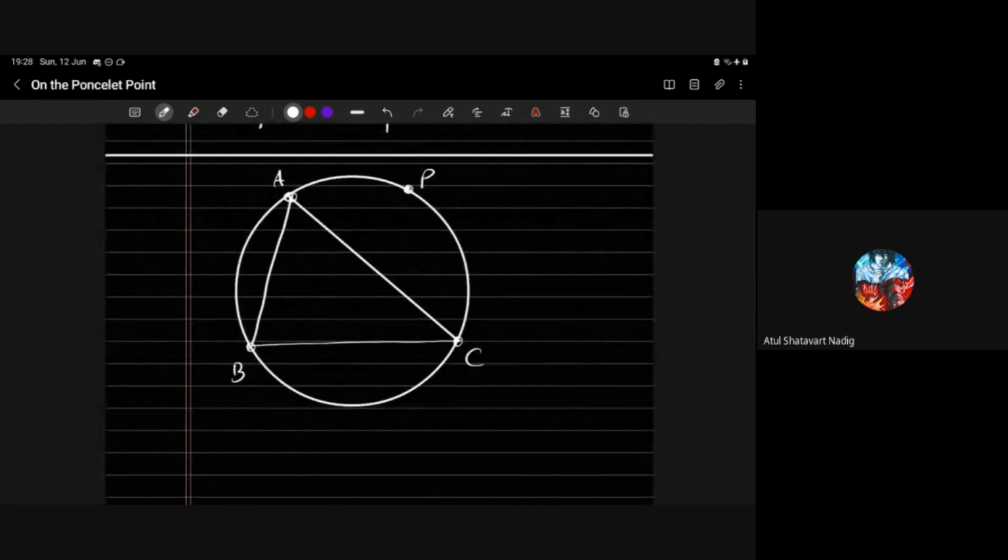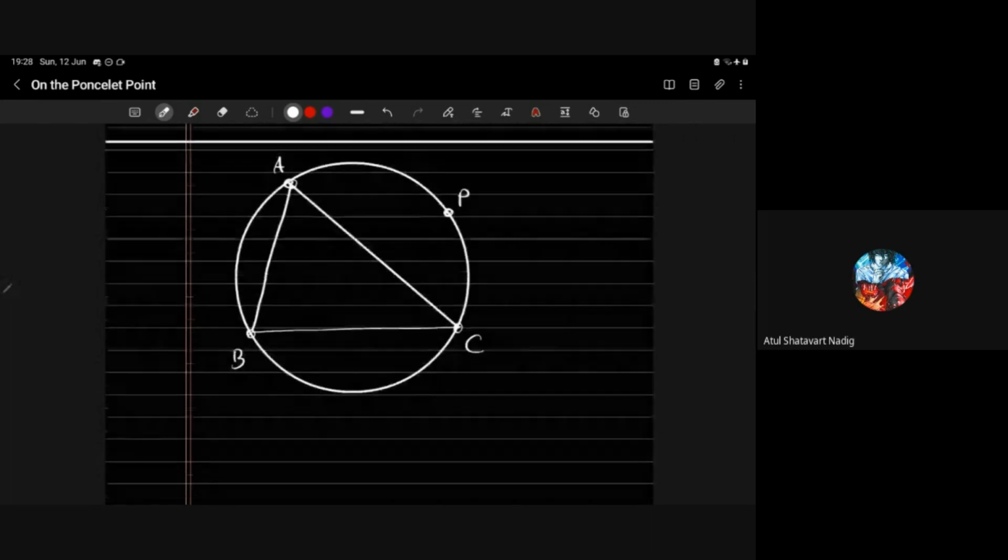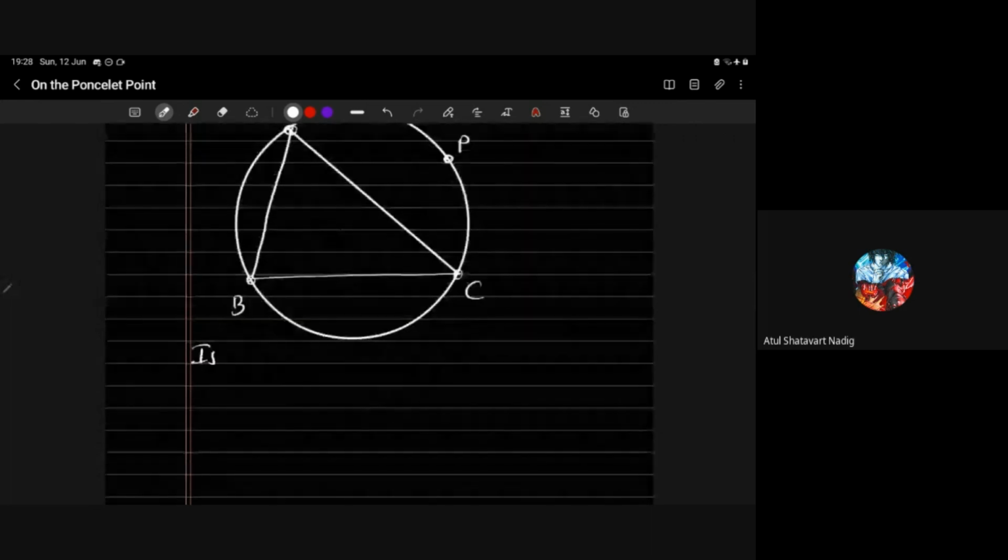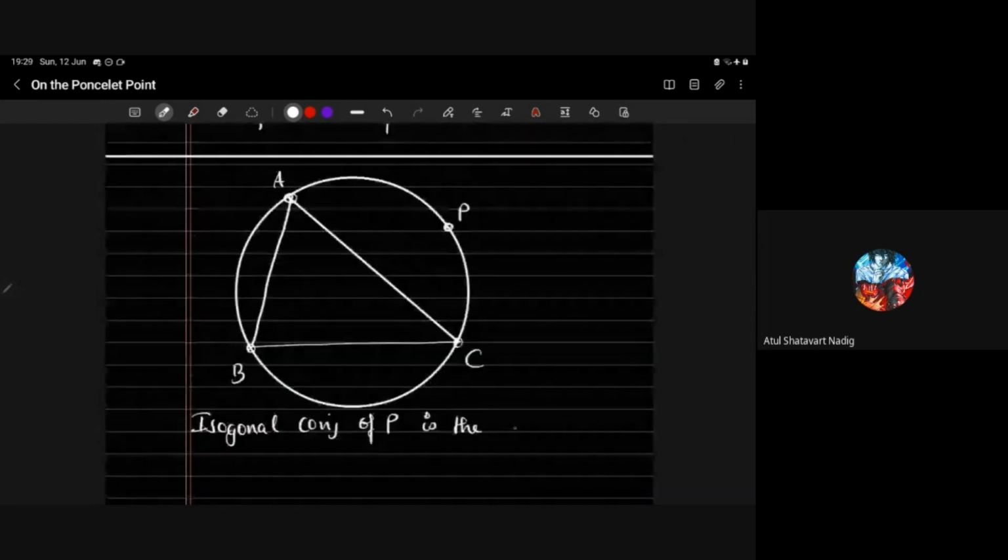No, okay, fine. I'll change the location of P. Let's say here. So I'll give you a stronger result. The isogonal conjugate of P is the point at infinity perpendicular to the Simpson line of P.